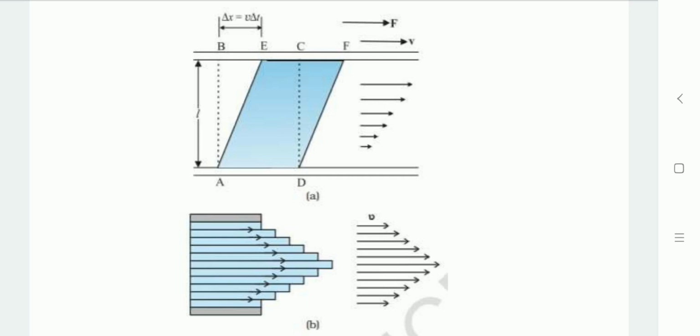At the bottom the velocity is 0 and at the top let us consider the velocity is v. For a layer of liquid, the upper layer pulls it forward while the lower layer pulls it backward. This generates a force between the layers. This type of flow is known as laminar.